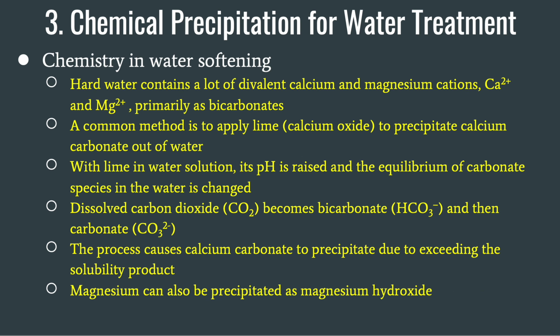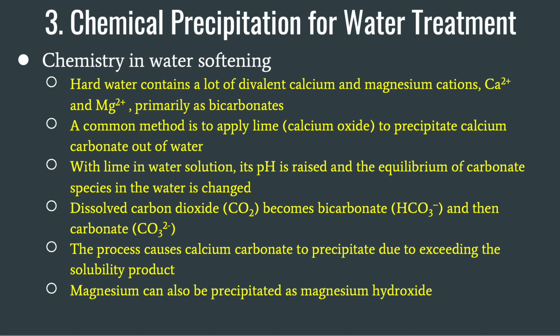So what is water softening? How is it related to chemistry? Well, hard water contains a lot of divalent calcium and magnesium cations, primarily as bicarbonates. The common method is to apply lime, which is calcium oxide, to precipitate calcium bicarbonate out of water.